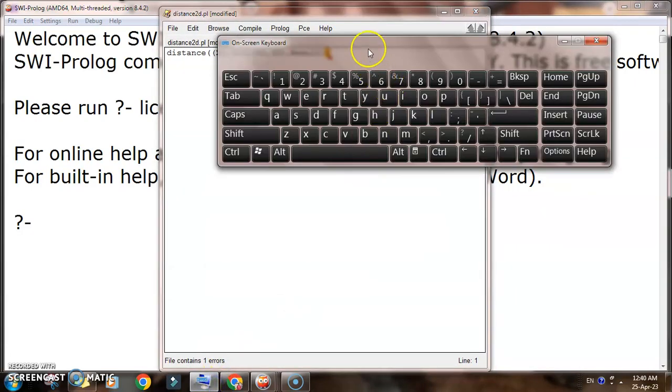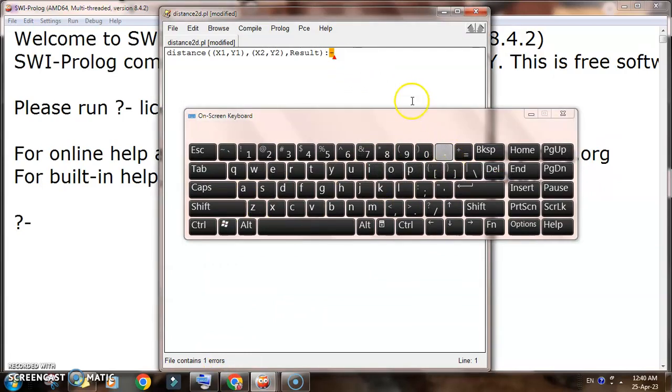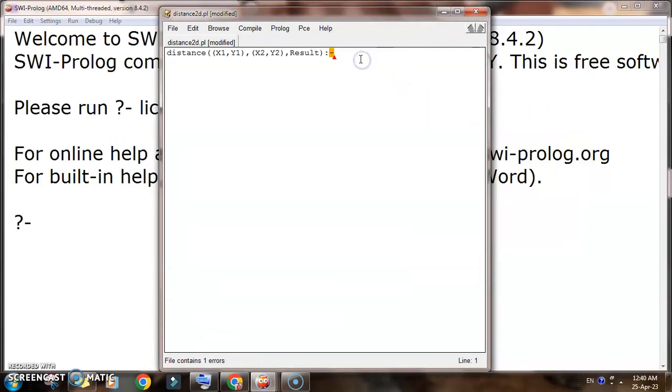Okay, see this, I am going to write a rule. And here what I have to write down: Result is square root of, so we need to use the sqrt function, the inbuilt function.